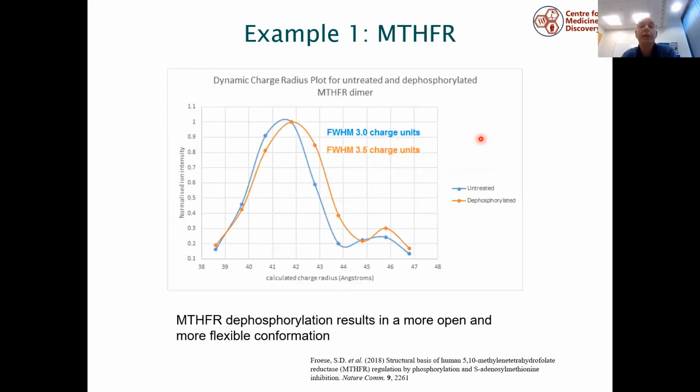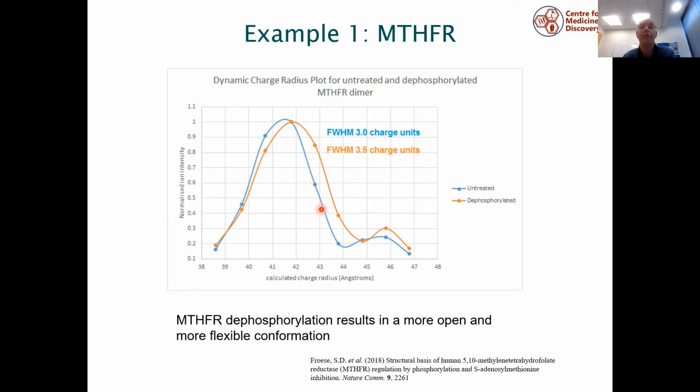Another thing that we can do with MTHFR is use native mass spec to look at the charge envelope for the protein, and we can see how that changes in the presence of phosphorylation. So we can take an untreated phosphorylated protein, which is shown here in blue, and then do the same experiment after dephosphorylation.